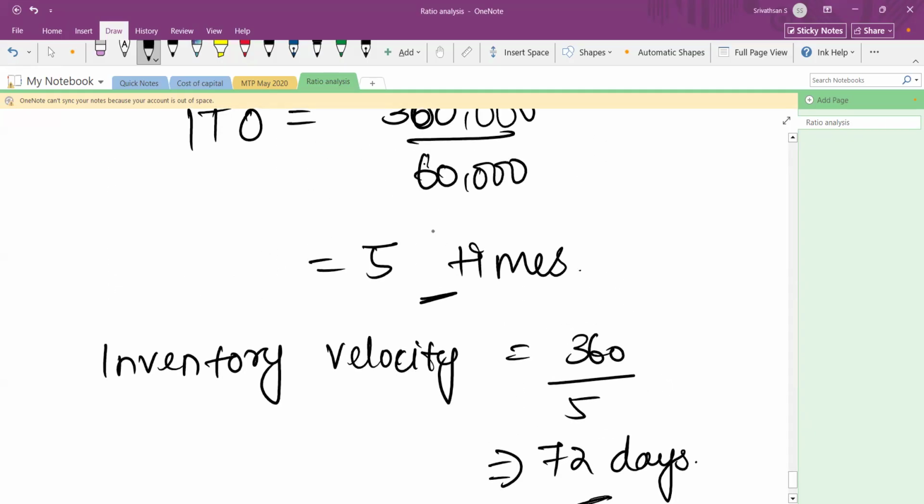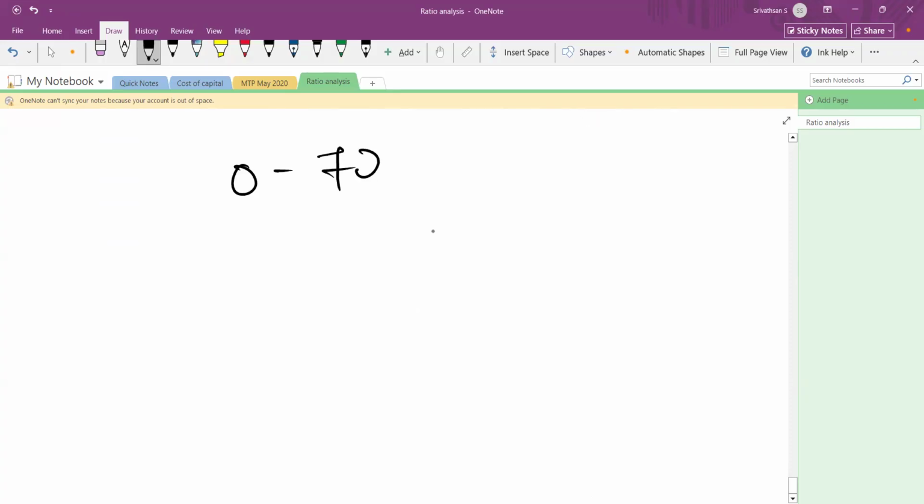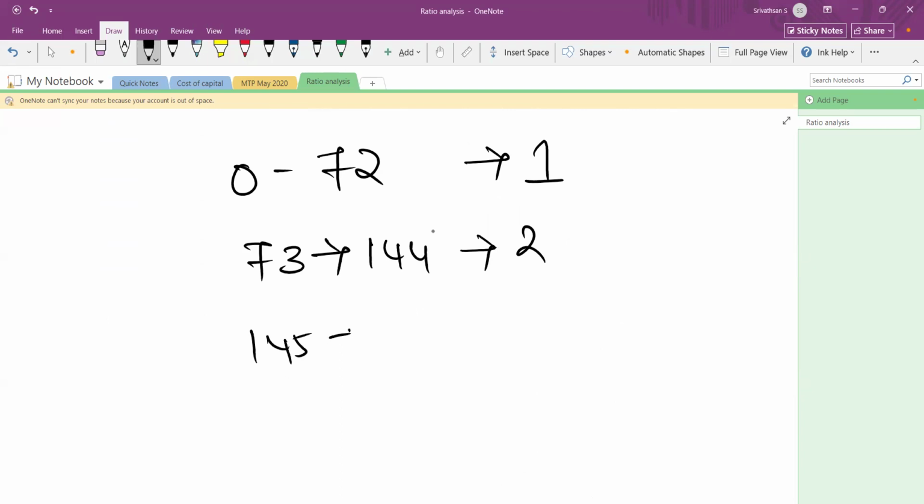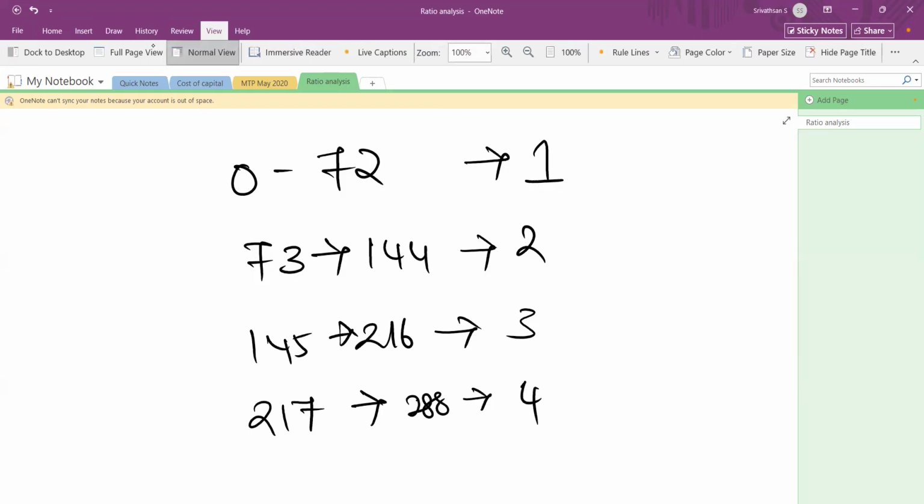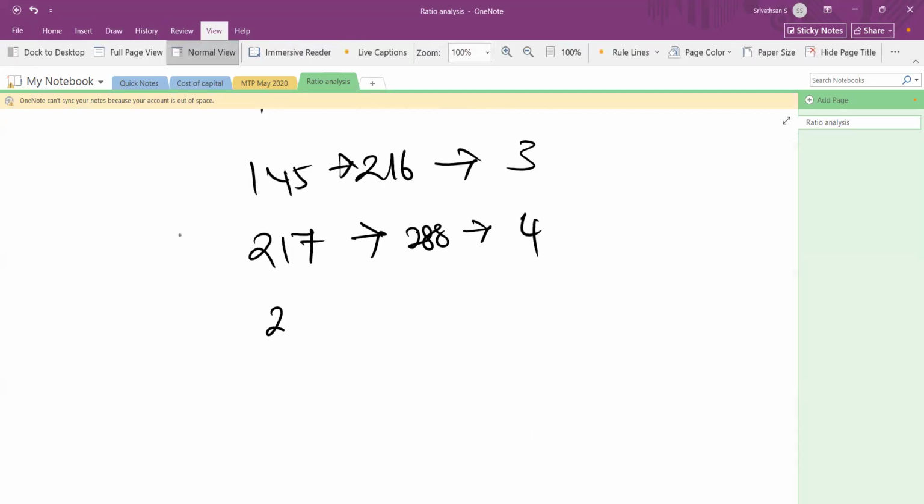There are 5 cycles: day 0 to day 72 is one time, 73rd day to 144, then 145 to 216, the third, then 217 to 288, and then 288 to 360.